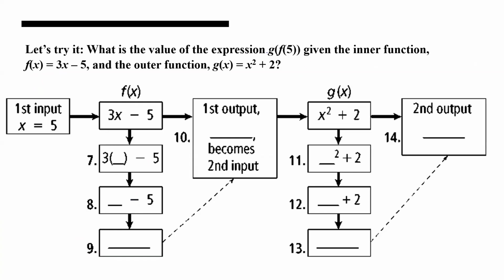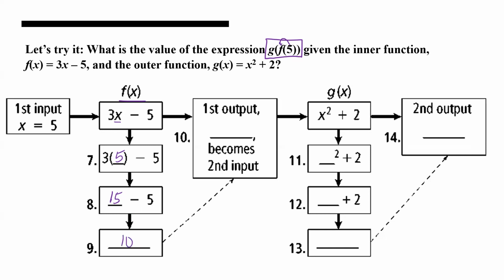So we have G composed of f of 5. Starting from the inner, we have x equals 5, and we're plugging it into f. So where x is, it now becomes a 5. 3 times 5 is 15. 15 minus 5 is 10.